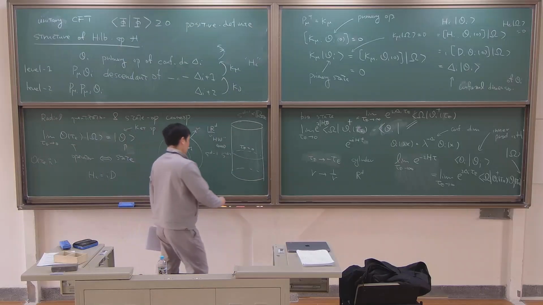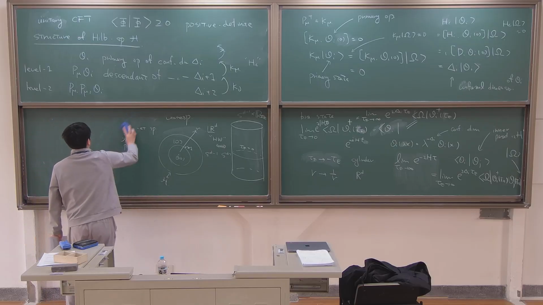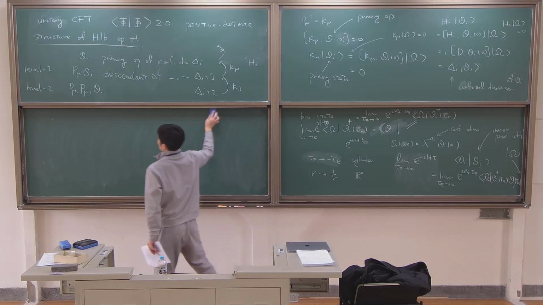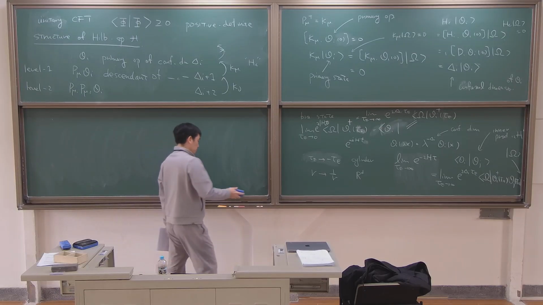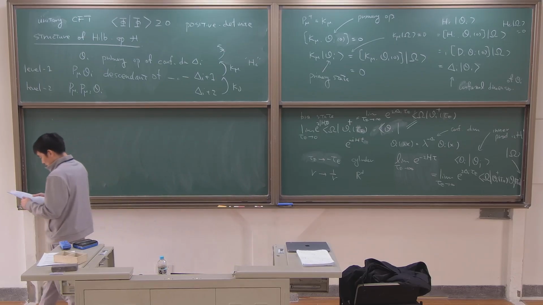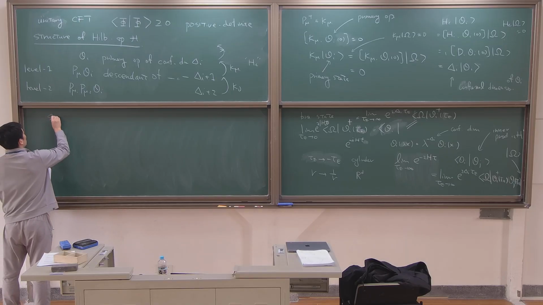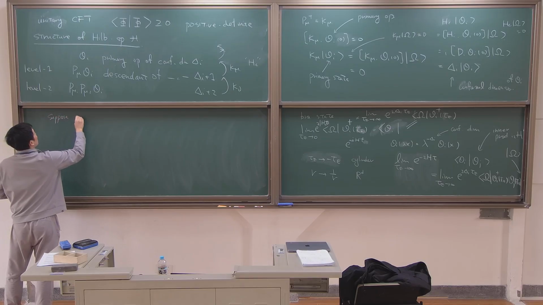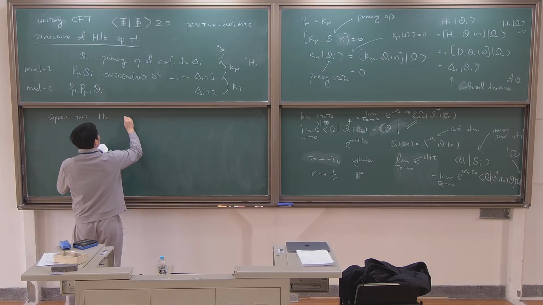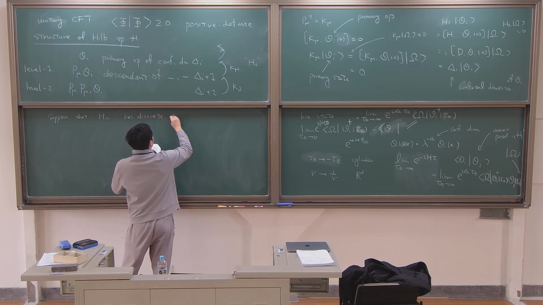The first claim is that suppose H_C, the Hamiltonian of the cylinder, has a discrete energy spectrum.